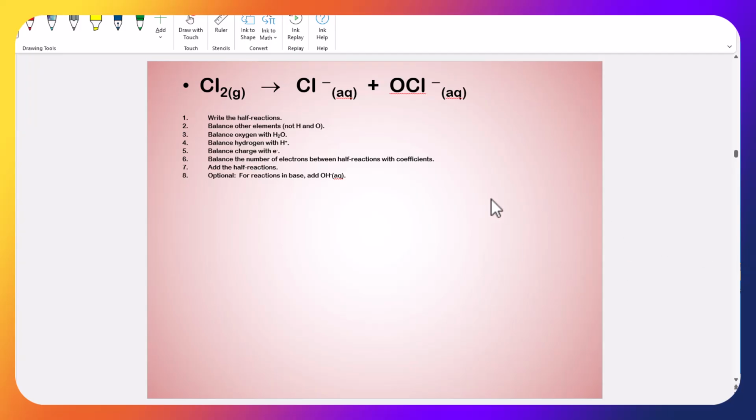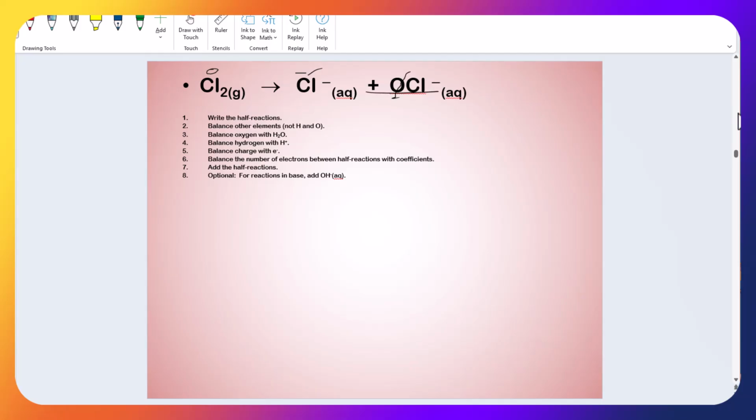Same thing we've been doing. You figure out the oxidation states so you can figure out what got oxidized, what got reduced. One species that's going to get both oxidized and reduced. Okay, and this is a monoatomic ion, so it gets its charge at -1. And then we have to figure out this one.